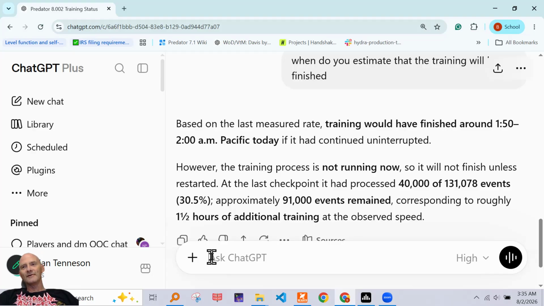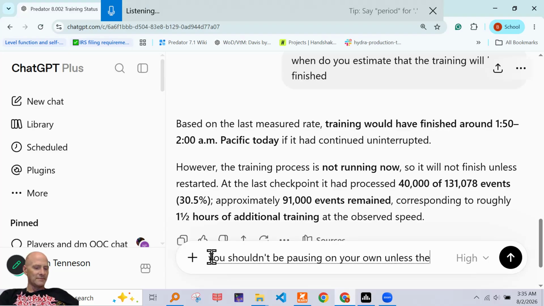It should have been done by now. What? Why is it pausing by itself? You shouldn't be pausing on your own unless the internet is dropped. Internet is dropped.